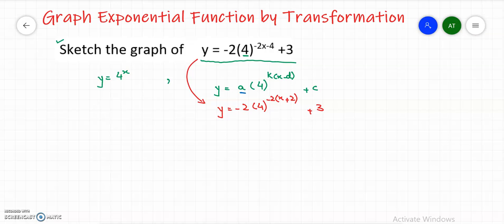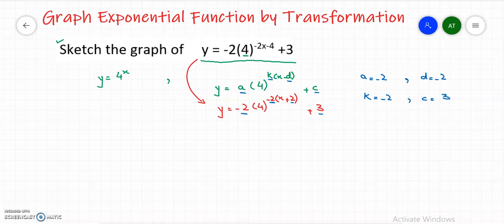So the a value is negative 2, a equals minus 2, k equals negative 2, d equals negative 2, and c is positive 3.